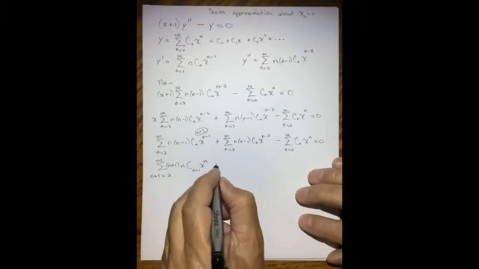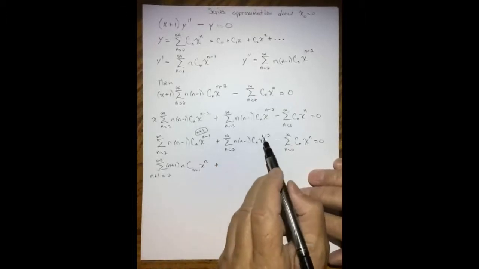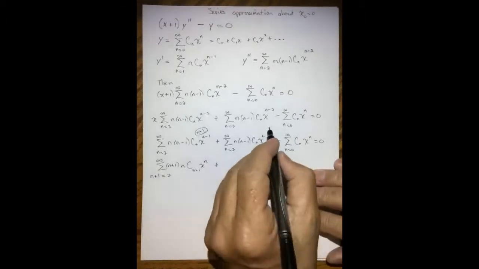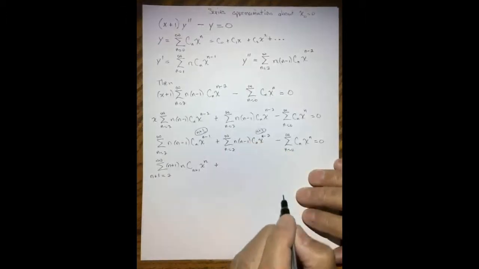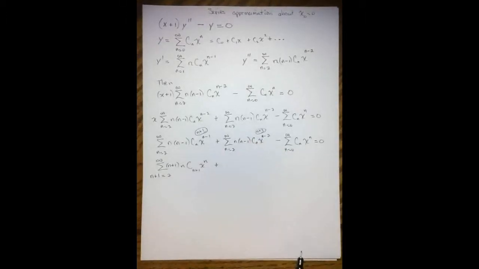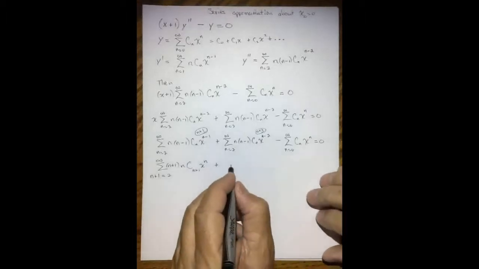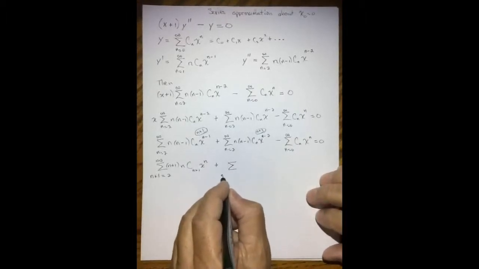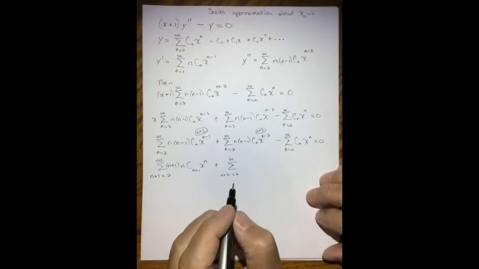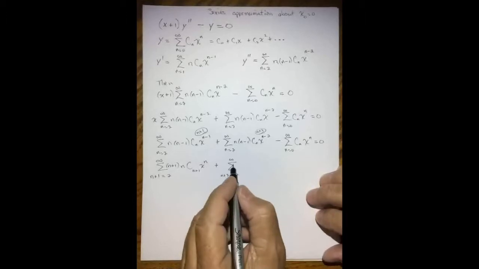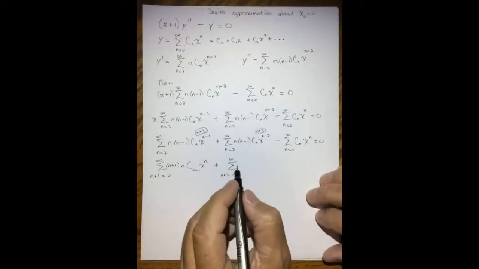Okay, let's go to the next one. For this exponent of x to become n, we need to replace n with n plus 2. So everywhere I have an n, I'm going to plug in n plus 2. Well, let's just do it. We'll get n plus 2 equals 2, to the upper limit of infinity, the upper index of infinity.